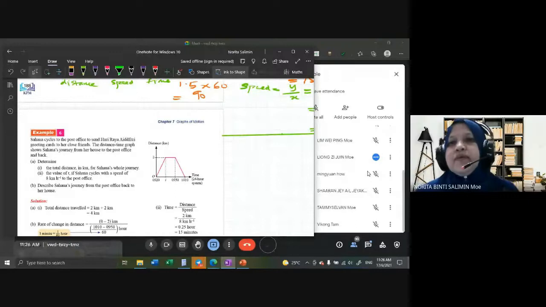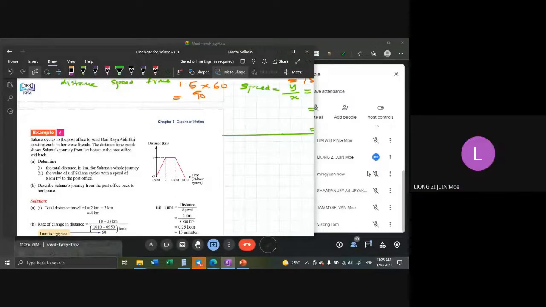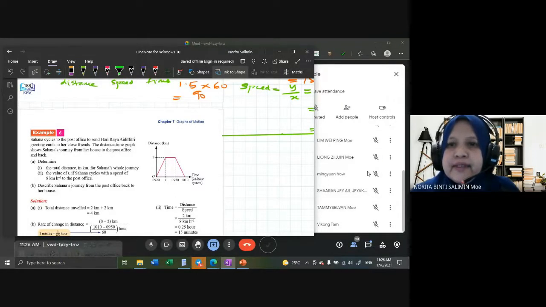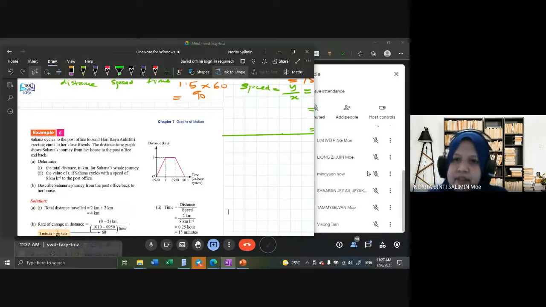Can you read example 6 for me? Can or not? Cannot, Ming Yuan Hao.